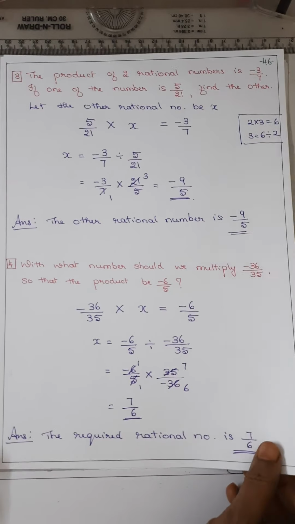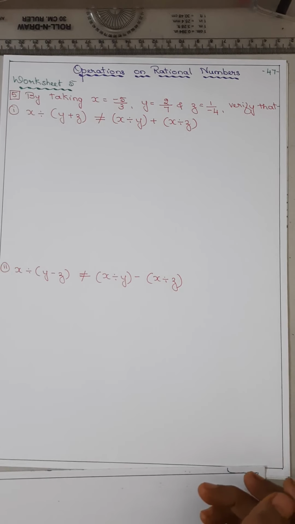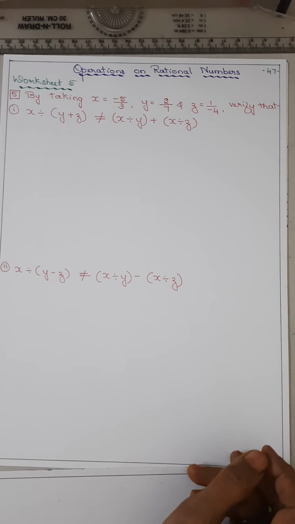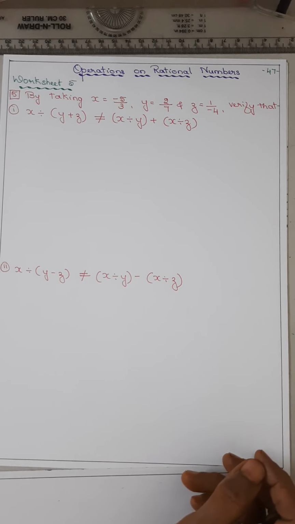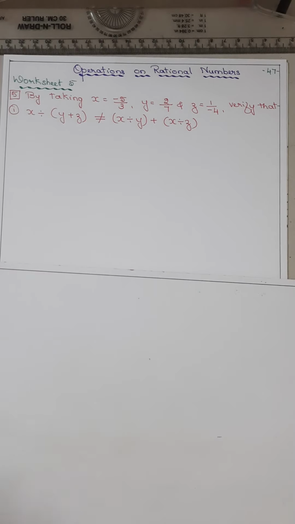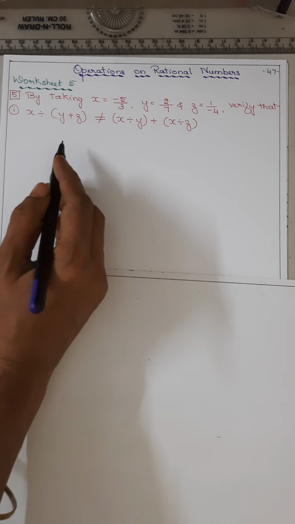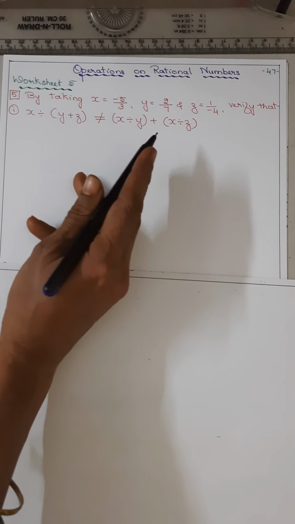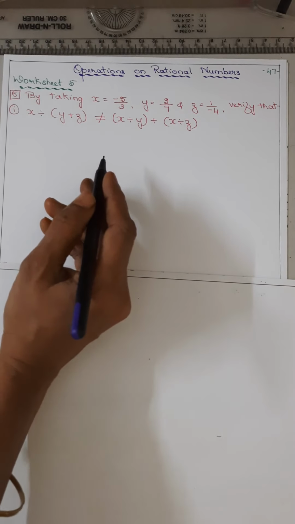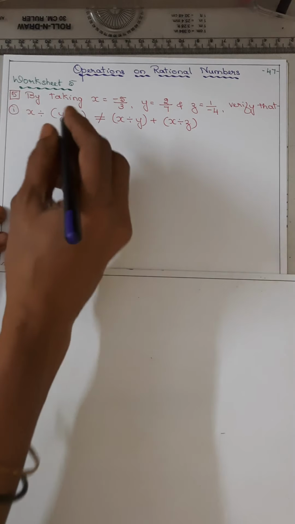Now coming to the fifth sum, by taking x, y, z, the values are given. Now first sum is you have to solve x divided by y plus z is not equal to x divided by y plus x divided by z. So we will be writing LHS, RHS, isn't it?